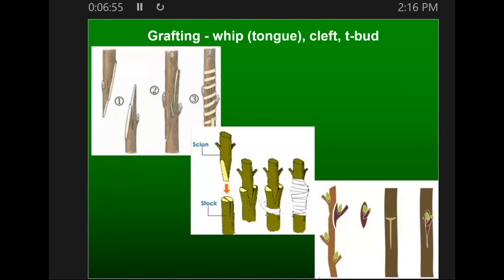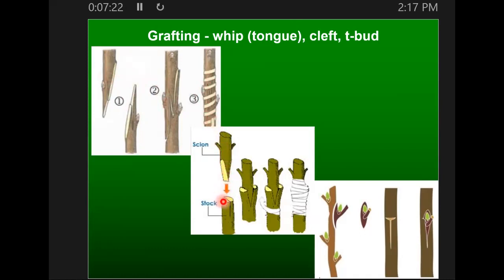So here are common strategies. The whip or tongue is the top picture. You can see they make some precise cuts, and then you slip the scion into the cut area here. And so the two halves of the rootstock press against either side of the scion, and then you wrap it to further keep that in place.